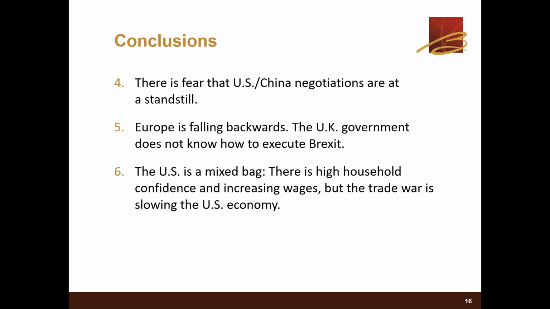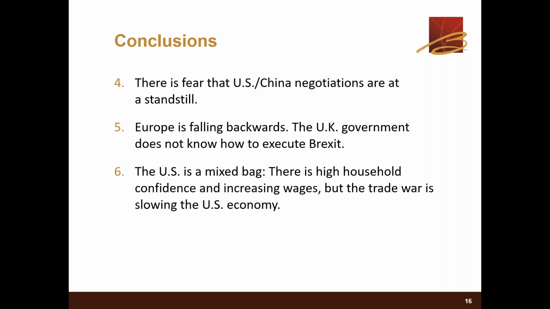Europe's in trouble. It's falling backwards. The United Kingdom does not know how to execute Brexit. So as I said, I think they should bring it up again for a vote after, I think it's been about 3 years that the UK citizens have seen what an issue it is.